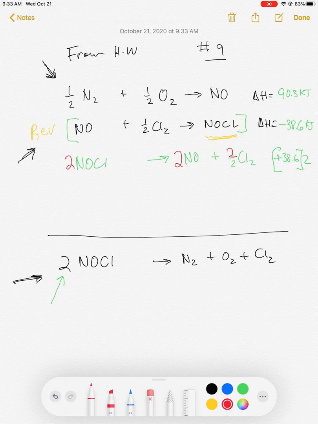Okay, so looking pretty good. Now, notice that this is not in the final equation. That means we need to get rid of it. And so we've got to reverse this equation. So let's go ahead and do that.